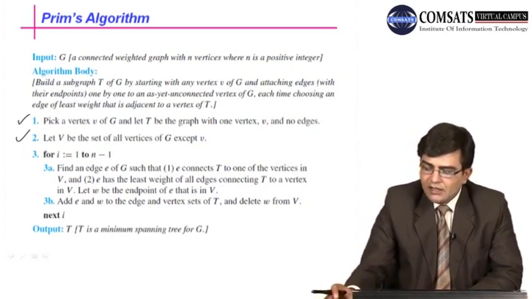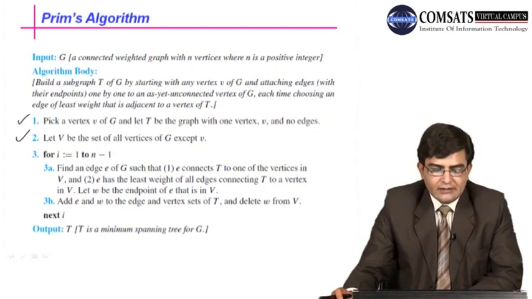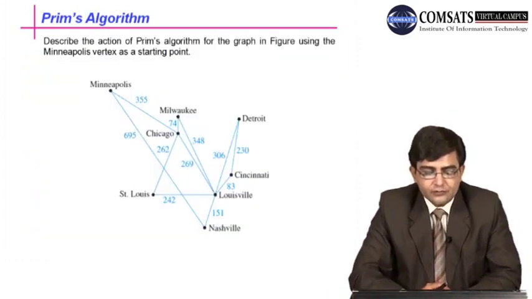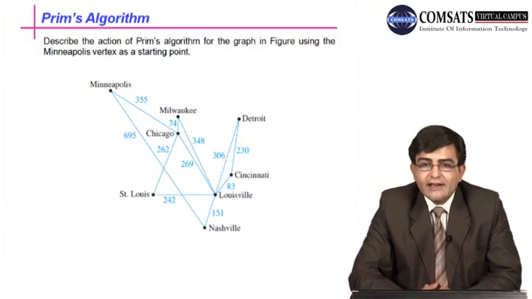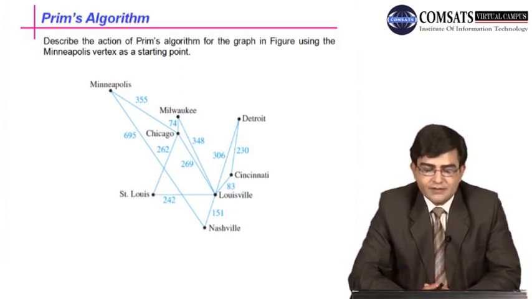So let's discuss this algorithm with the help of the same graph which we discussed for Kruskal's algorithm. In this graph we have to find again the minimum spanning tree using Prim's algorithm.